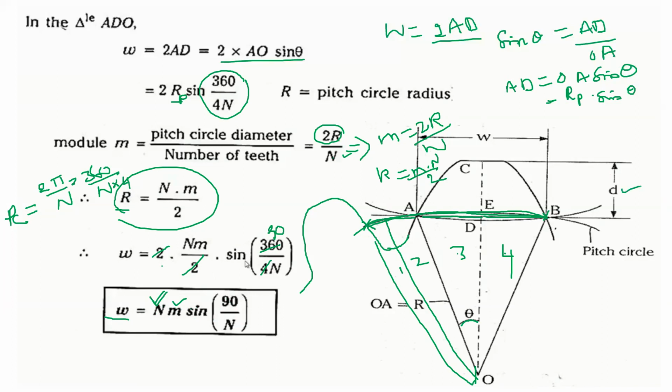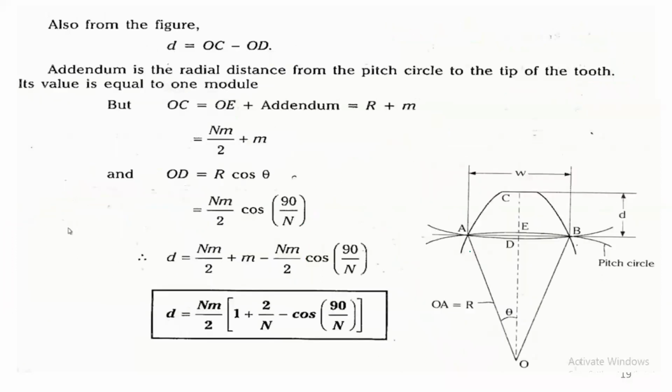Similarly, we can evaluate the d value, the chordal addendum. In order to calculate the chordal addendum, from this figure, d is equal to OC minus OD, right?